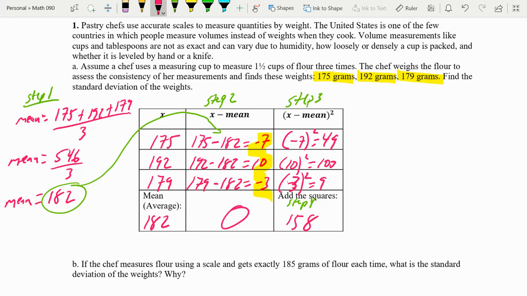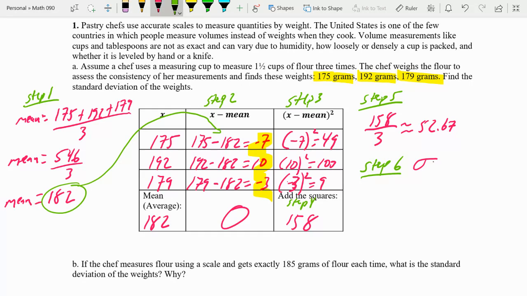So step 5. Remember, all it was, take the number from step 4, 158, and we're going to divide it by however many numbers we started with. This gives us approximately 52.67. And then step 6. This is where we're actually finding our standard deviation.